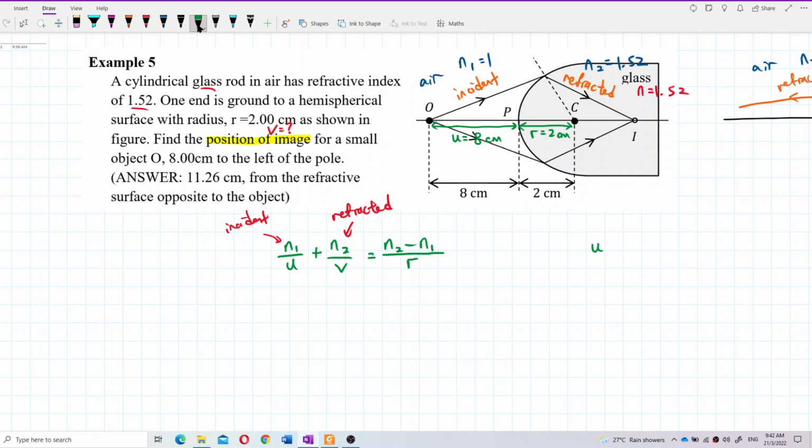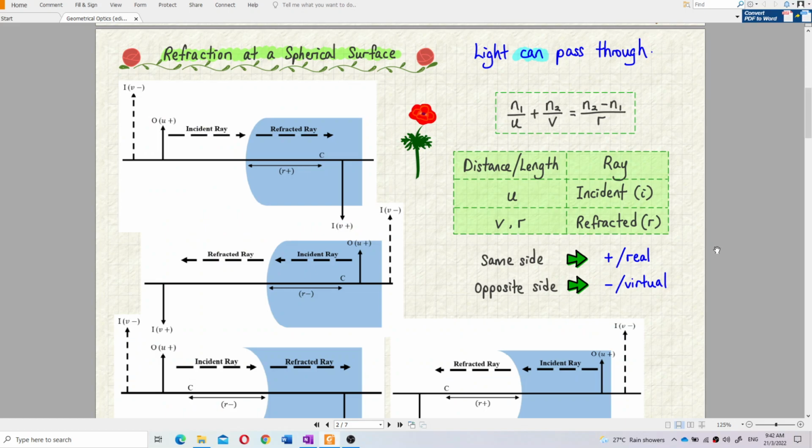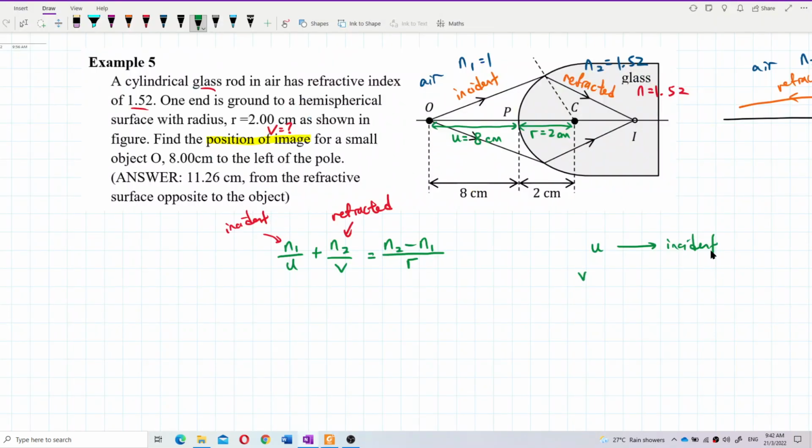The object always compares with the incident ray, and then V and radius compare with the refracted ray. So if same side, it is positive, real object. If opposite side, it is negative or virtual image.